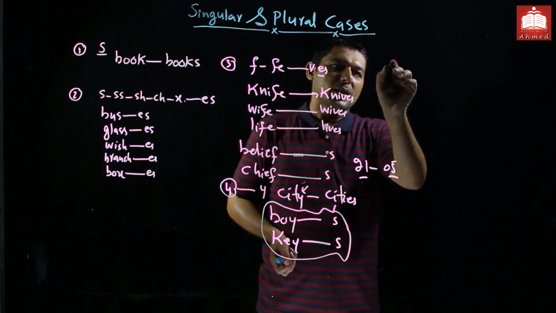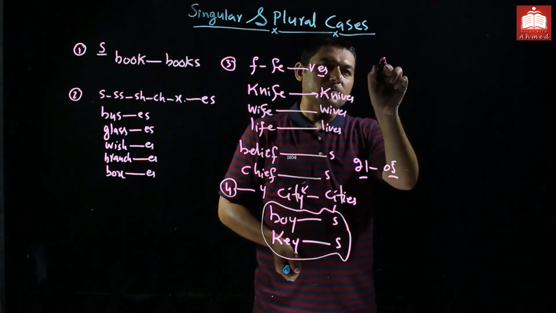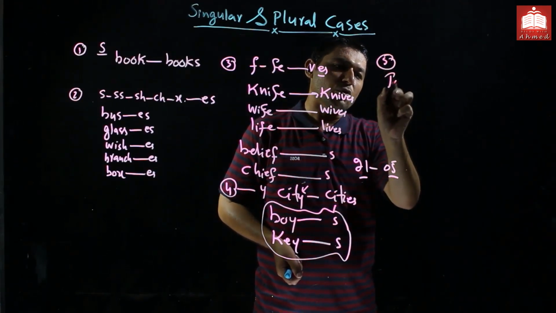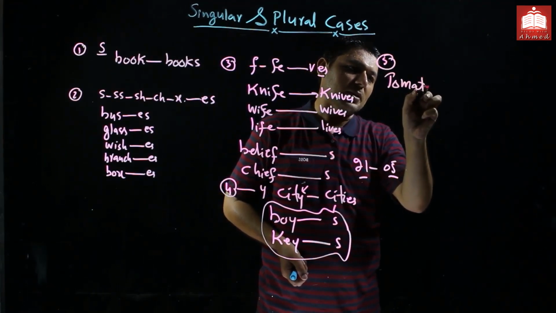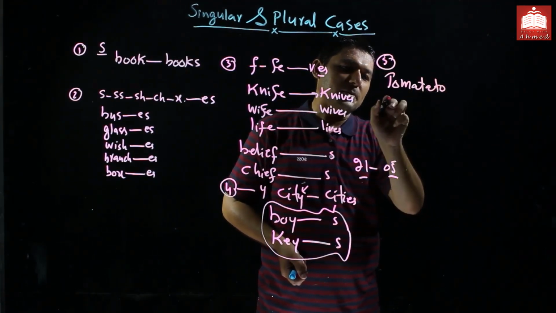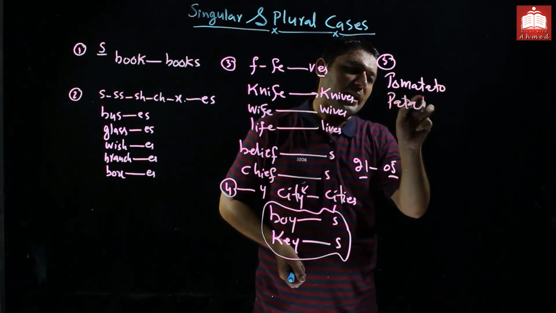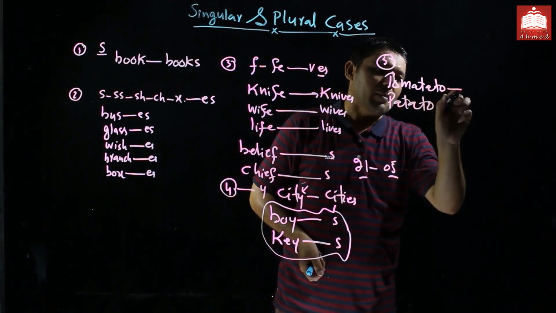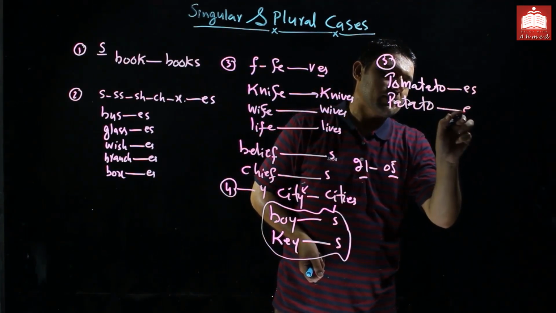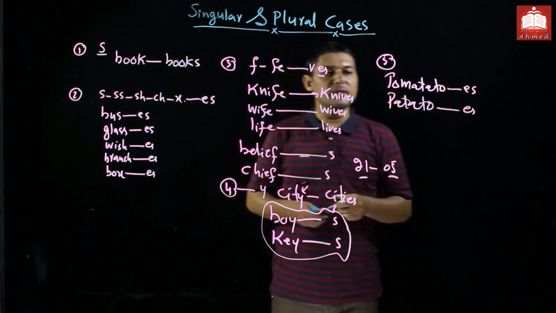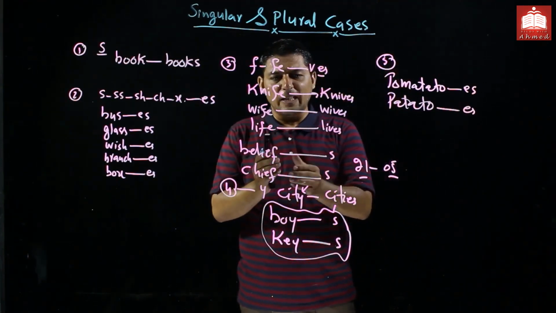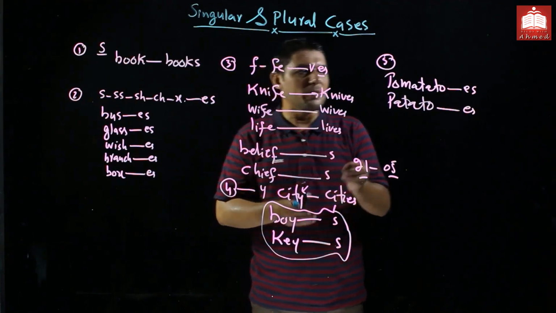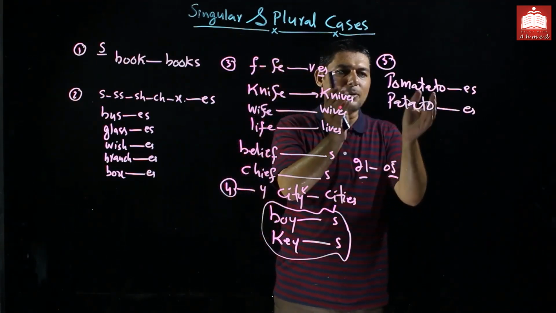Number five case: at the end of any noun we have o sound or o letter. A tomato and a potato, by adding es. If you find o at the end of any noun, you will add es to make it plural.